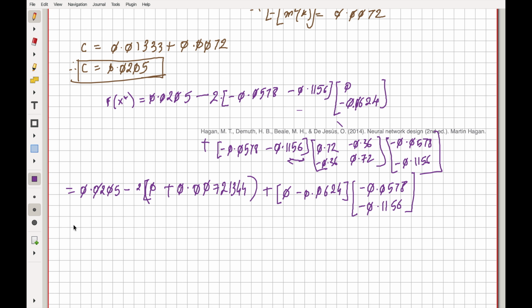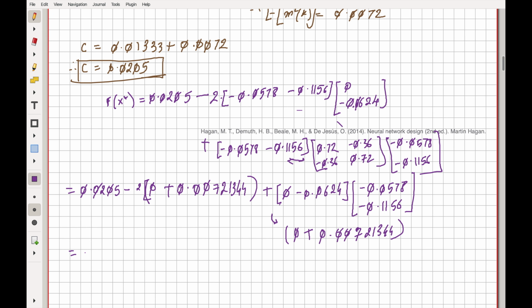So this part comes down to 0 plus minus 0.0624 times minus 0.1156. That gives again 0.0072134. Awesome. So those are the same numbers we are getting here.